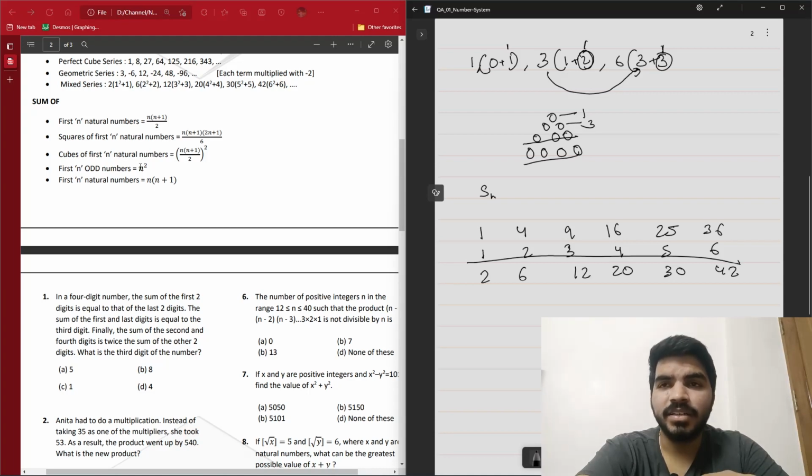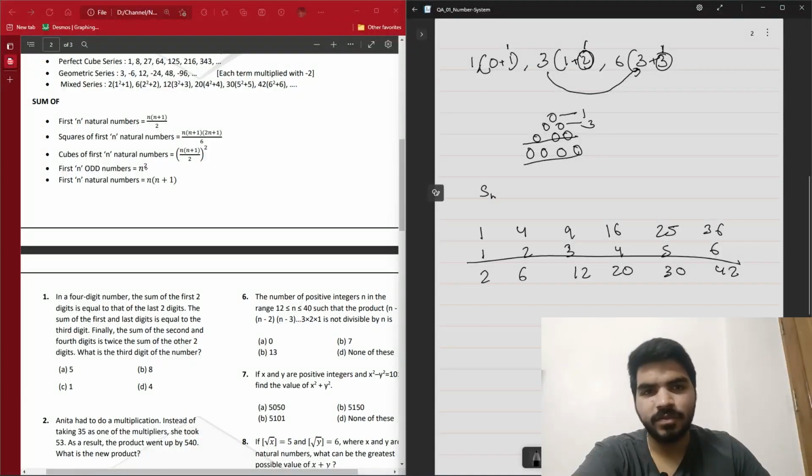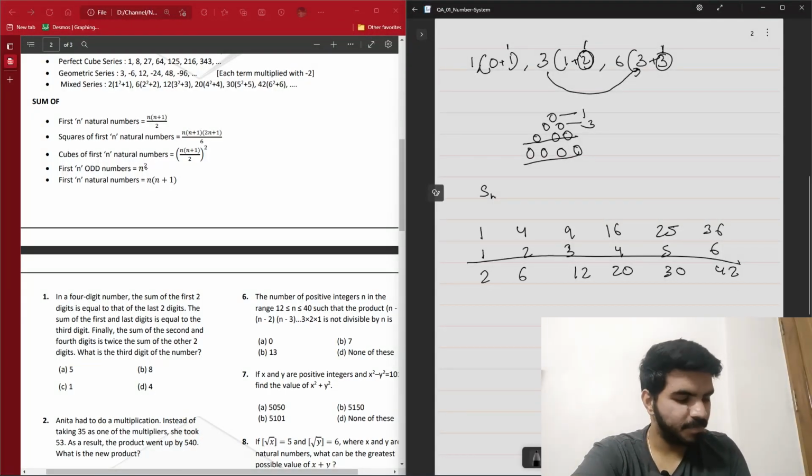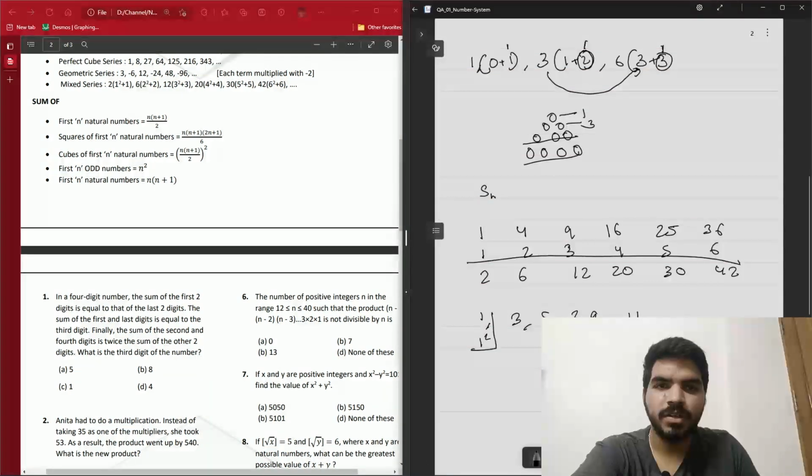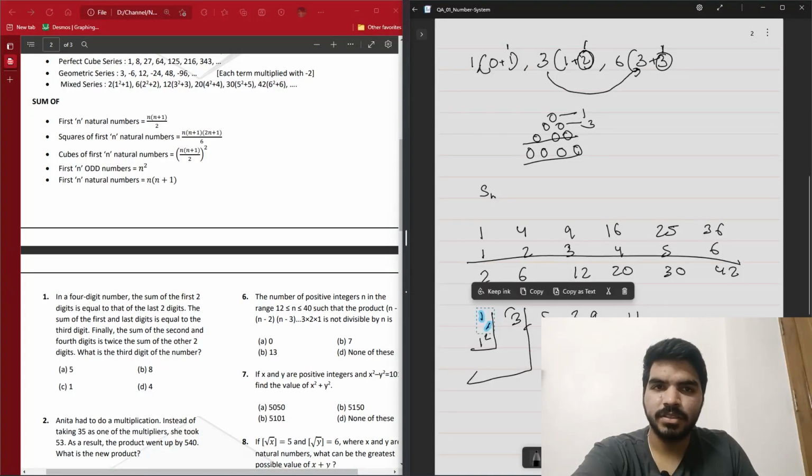But for the sum of the first n odd numbers, if you remember when odd numbers were introduced to us, if we keep arranging 1, 3, 5, 7, 9, all the odd numbers in a series, the first part will be 1 square. The sum of these two will be 4, which equals 2 square.